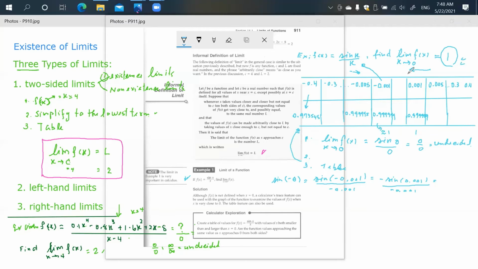Okay. So then we know this one, limit sine x over x when x approach to 0 is 1. Okay, 1 is a value of y actually. We need the value of y. Okay, now we go next example.